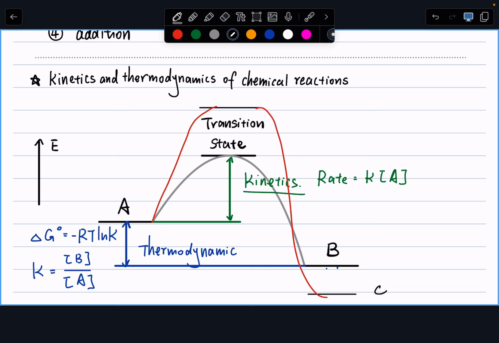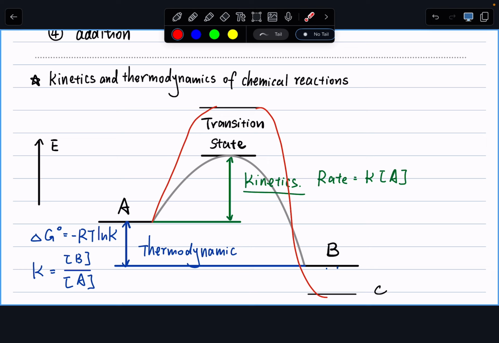All right, and then the selectivity of your chemical reaction is thus determined by either the kinetics or the thermodynamics or both of your reaction. And when we're talking about reaction mechanism, we're trying to understand these transition states and also the thermodynamic relationships so we can predict what the reaction outcome is. So that's the overarching goal of studying the reaction mechanism.